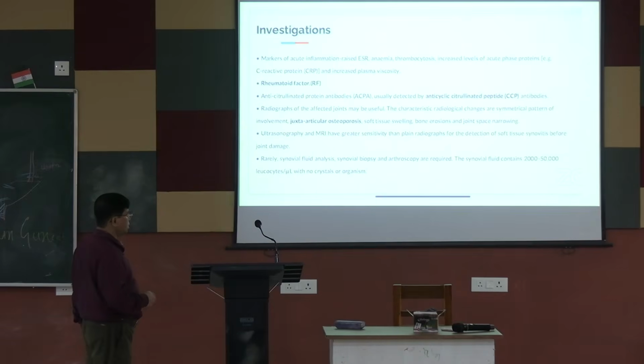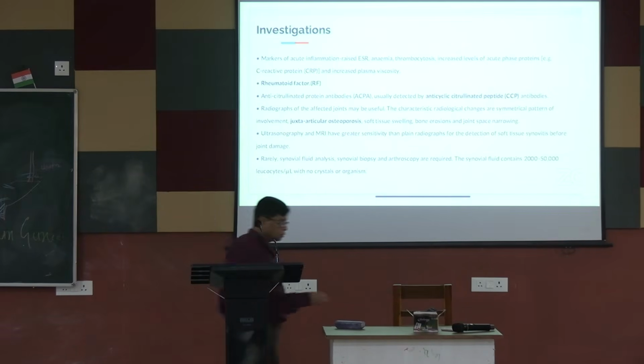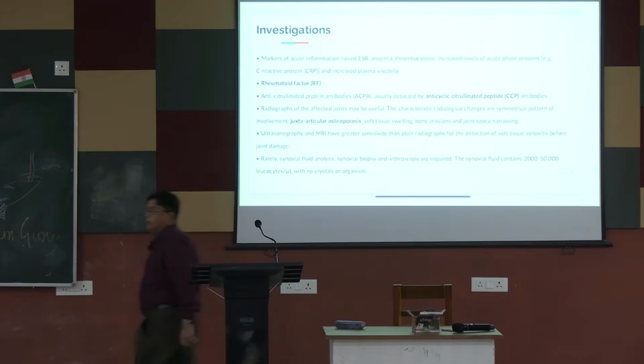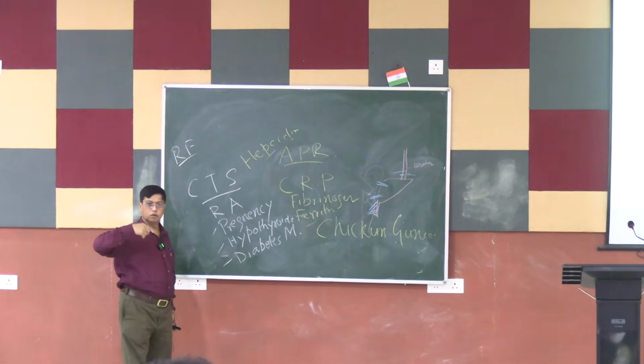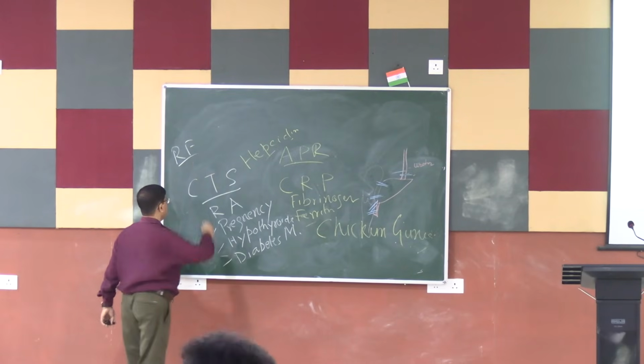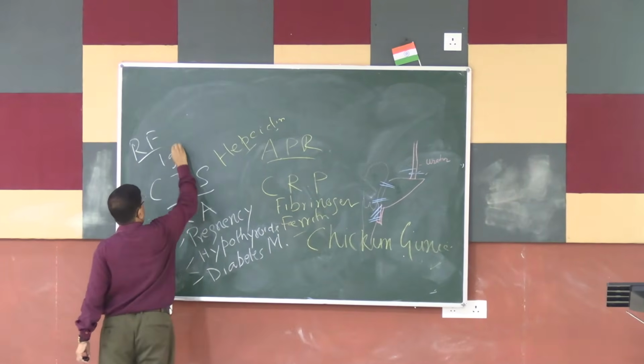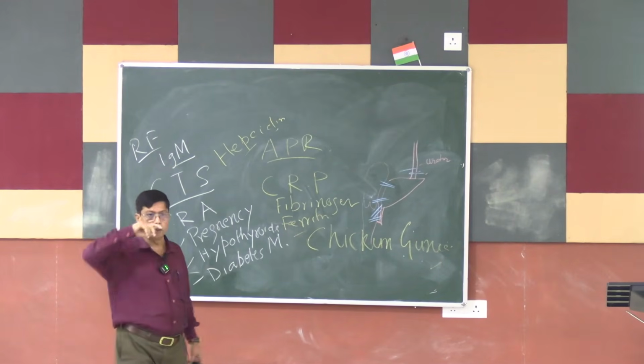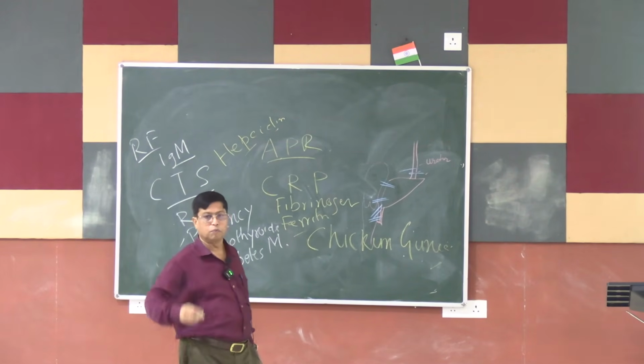Then there is rheumatoid factor. Very important. What is it? It is the IgM produced against his own IgG. So rheumatoid factor is the IgM. It also comes as an MCQ, and most students cannot answer these MCQs.